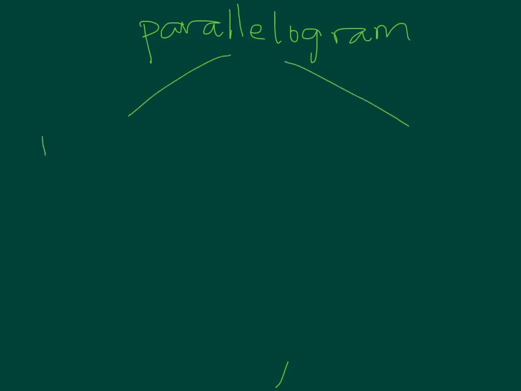We can say, okay, so then under, and you can do this all in one chart in your notes, if it is a parallelogram, it can be divided up into now two different things. It can be divided into a rectangle or a rhombus.